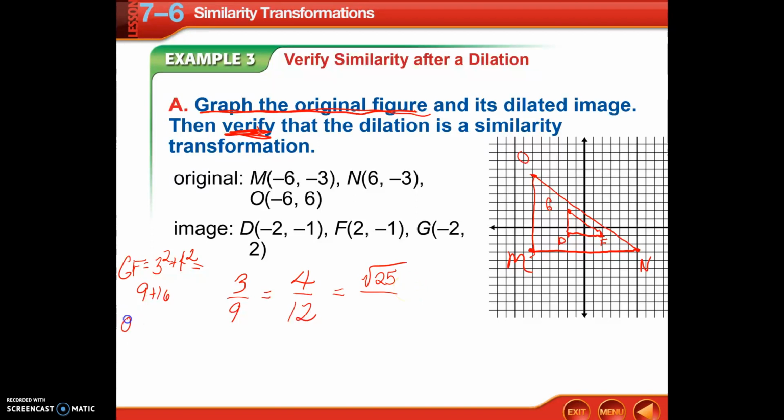And then ON is 4 squared plus 12 squared, or 16 plus 144, which equals, no, this should be 9 squared, sorry, plus 12 squared, which equals 225.